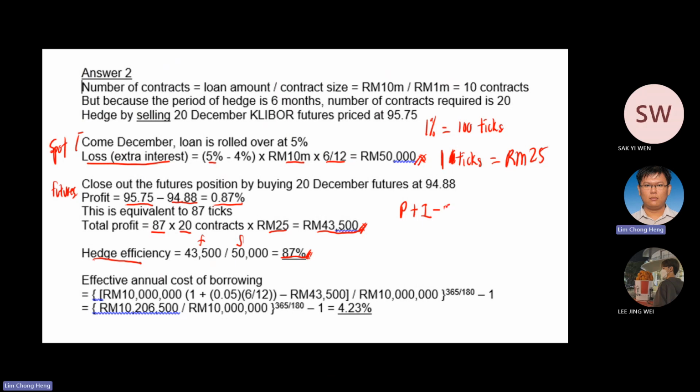So minus the future position divided by the principal you have. So you get 4.23%.